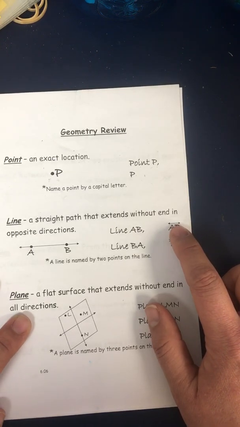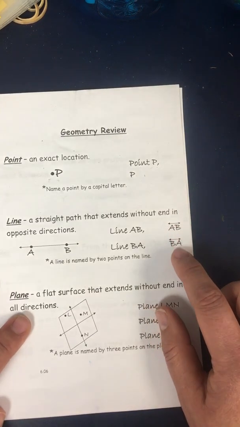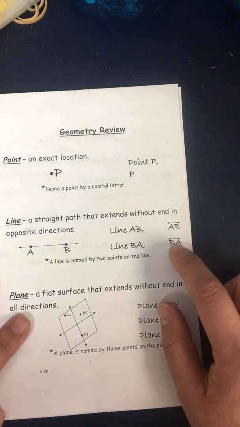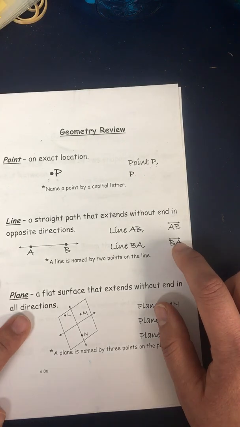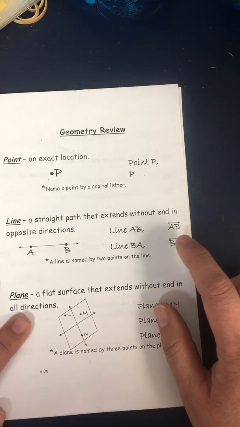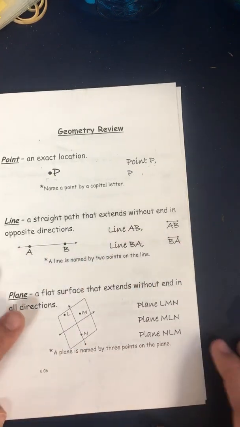Notice they put a line on the top of just AB, but the line has 2 arrows on both ends showing that it's a line. And of course it can be BA, so it's any 2 points that are on that line. And the main thing that you're going to see is that it's going to have arrows and show that the line goes on, and that means that they're talking about that entire line.